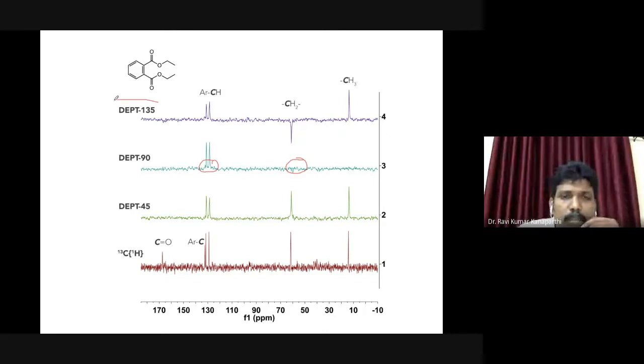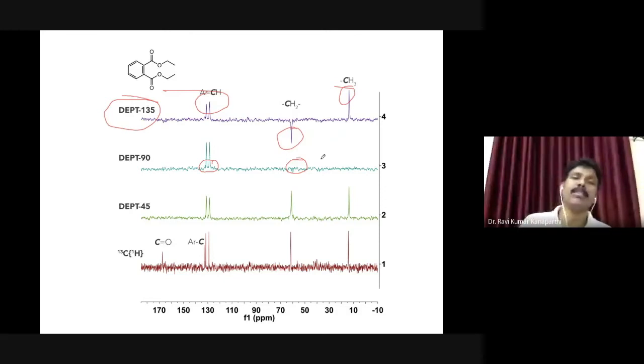Now, when you scan with the 135-degree pulse in the same DEPT experiment, these 2 signals are again present, and all the 3 types of signals are there, I mean the primary, secondary, tertiary, but primary and tertiary are positive, right? And the CH2 signal is found to be negative.